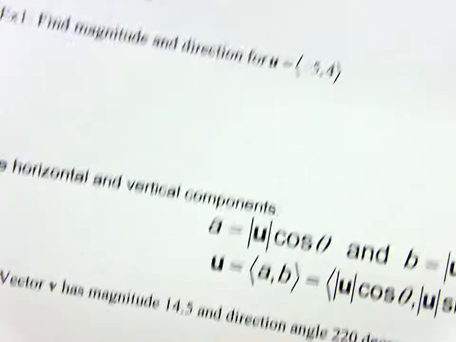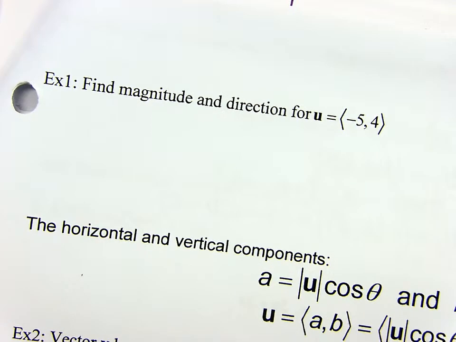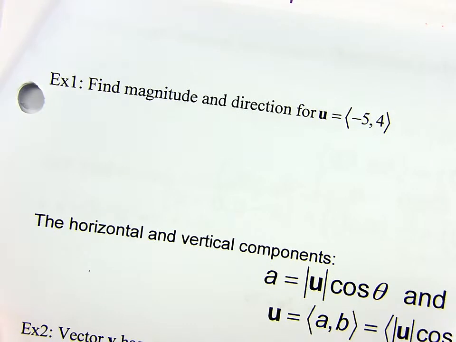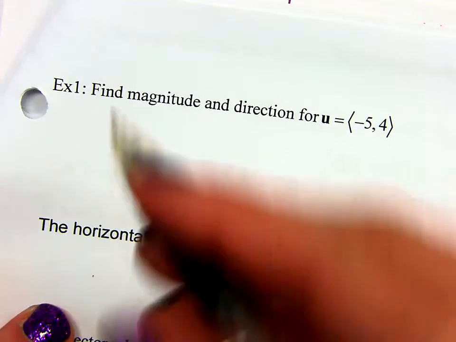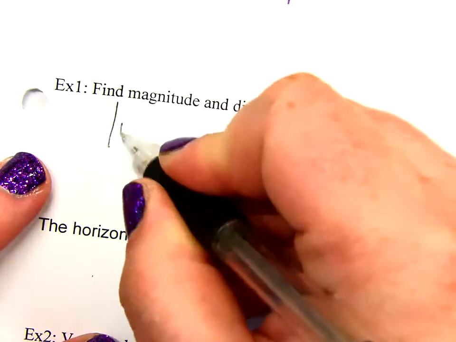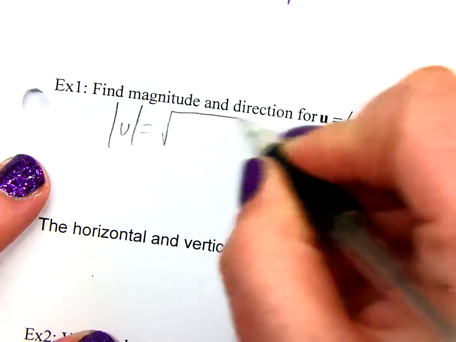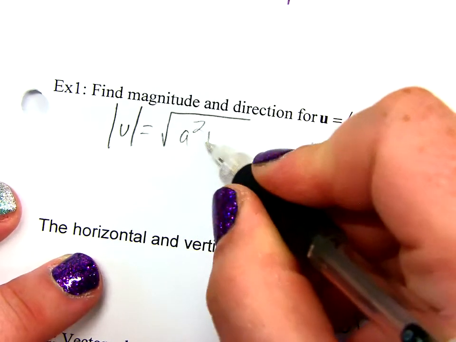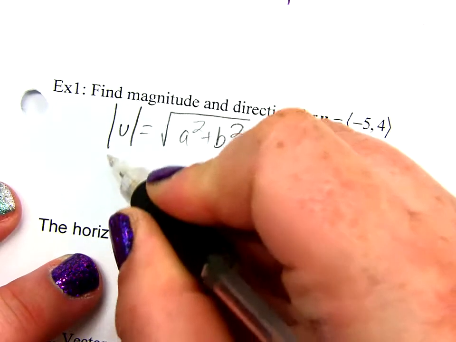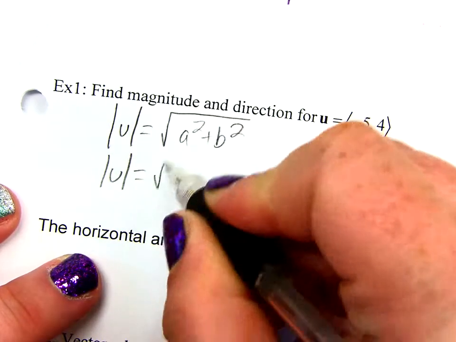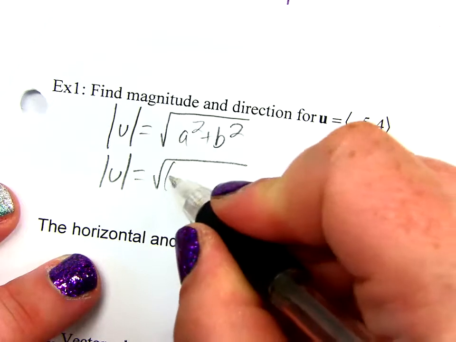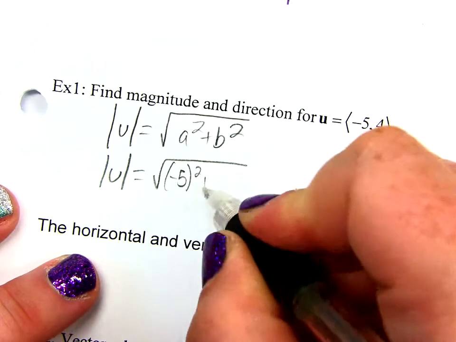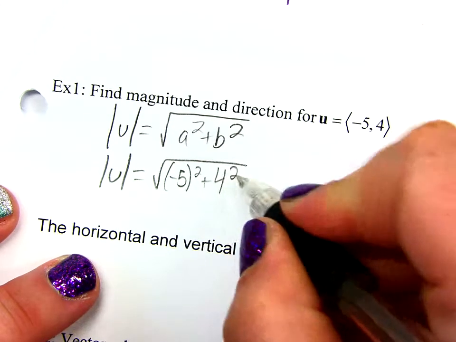In order to find the magnitude, let's find that first. It's really just kind of like the Pythagorean theorem, right? So the magnitude of my vector is equal to the square root of a squared plus b squared. If I fill in all the pieces, that would be the square root of 25 plus 16.